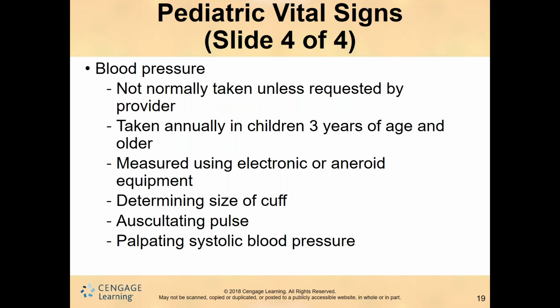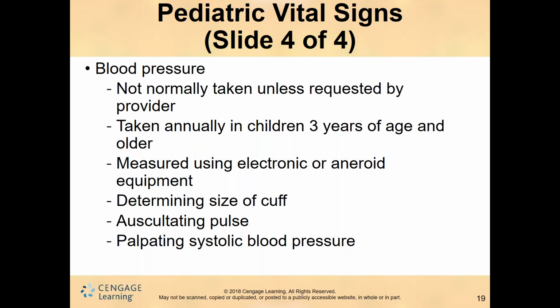The blood pressure in young children is not usually taken unless the provider requests it. But if a child is 3 years of age or older, it's taken annually, unless it needs to be done more often. You can use electronic or aneroid equipment, but you need to make sure that the cuff size is appropriate.